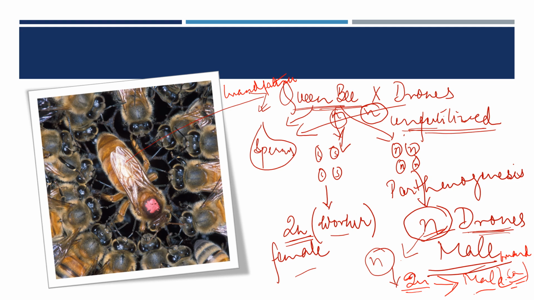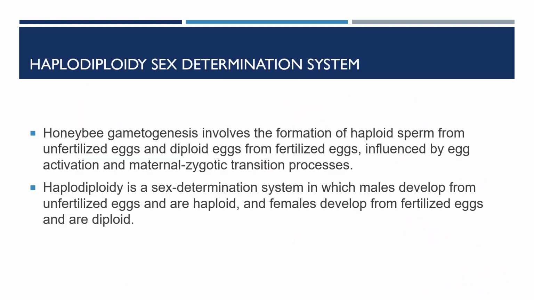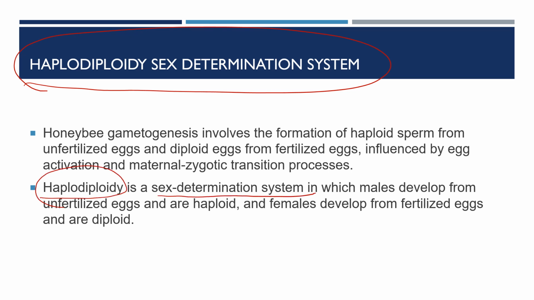Let's move on. This is what we have studied till now, the haplodiploidy method of sex determination. Honeybees undergo haplodiploidy. It is a type of sex determination in which males develop from unfertilized eggs.